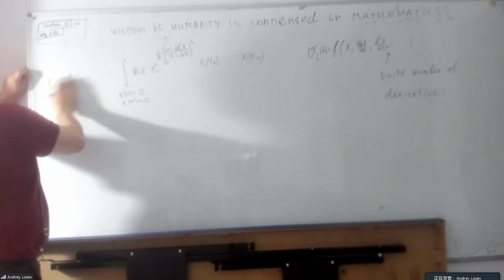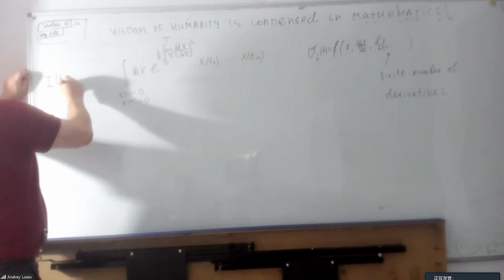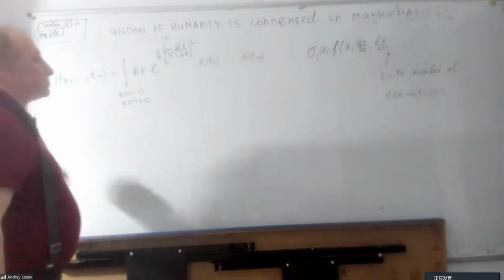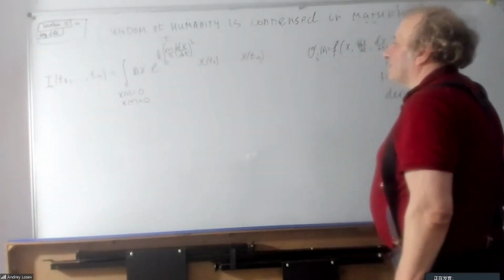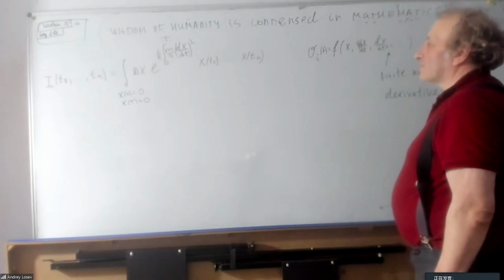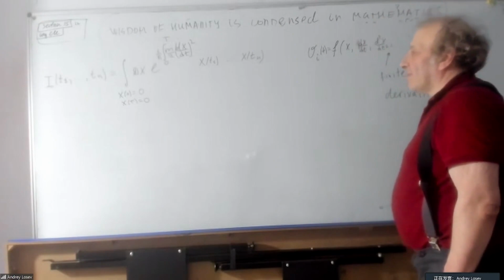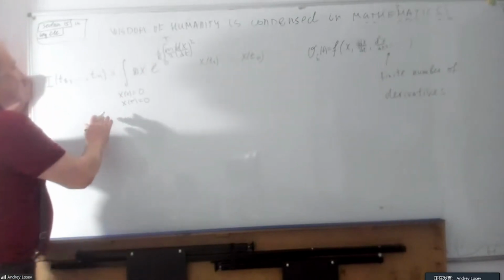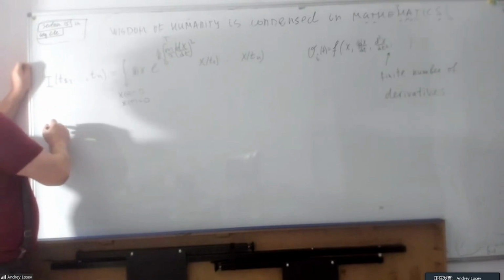And let me call this object I of t1 tn. So my goal would be the following. I would like to compute it. And I will compute it using two techniques.